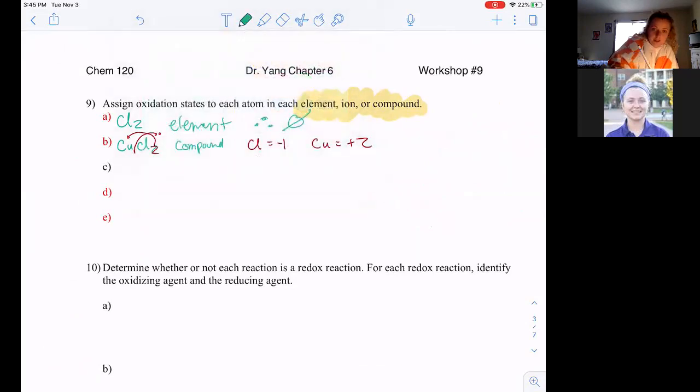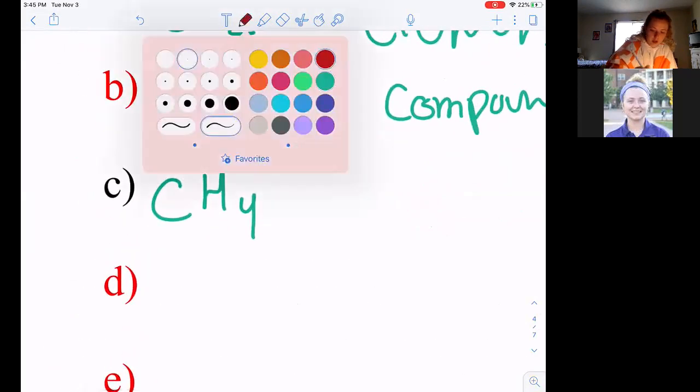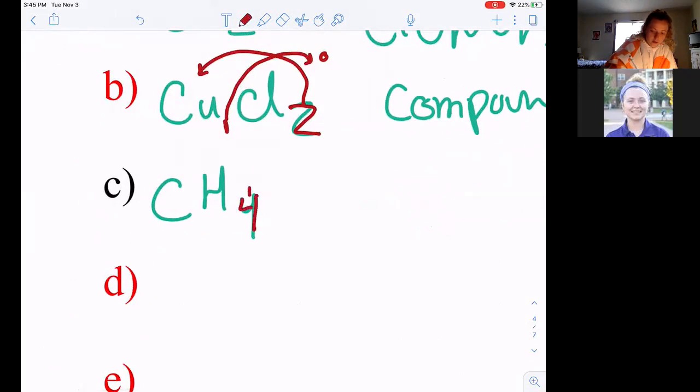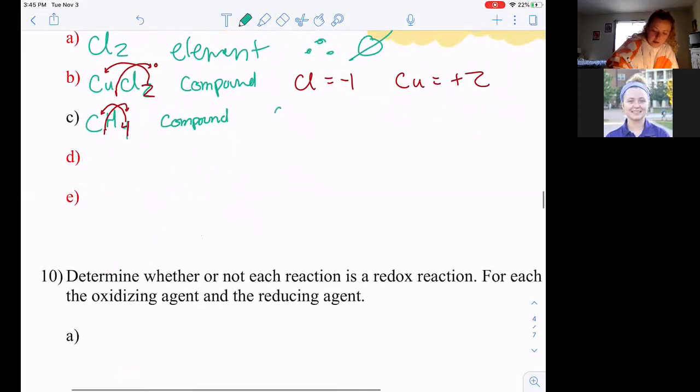The next thing is CH4. Once again, there's no charge. So this 4 goes up here to the carbon, and this 1 goes up here to the hydrogen. This is the part that could be confusing, because carbon is all the way on the right side of the periodic table. It's a -4, and hydrogen's all the way on the left side of the periodic table. It's a +1.